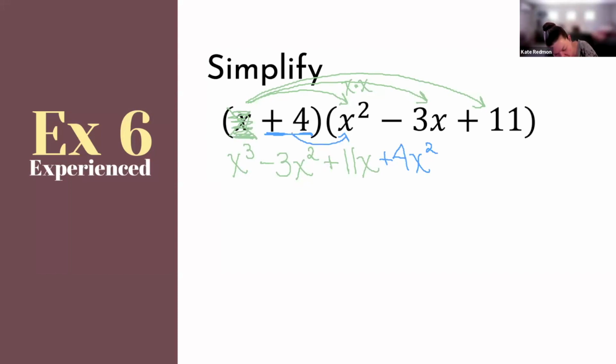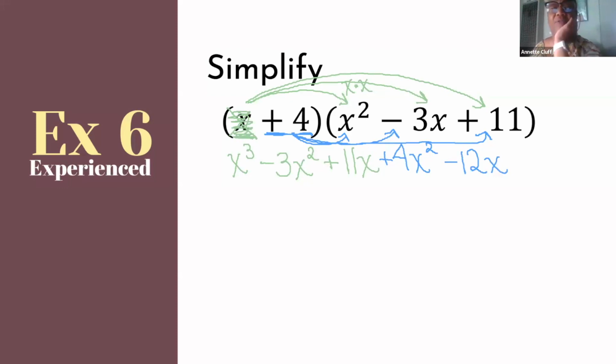Positive 4 times negative 3x. Exactly. Positive 4 times negative 3 is negative 12x. Brilliant. I was multiplying with an x. I still have an x. Now I'm going to do positive 4 times positive 11. Well, of course, that gives us 44. Good. Positive 44.